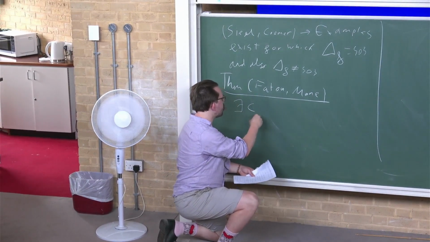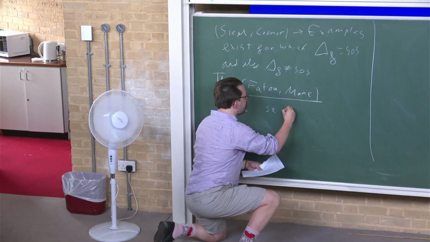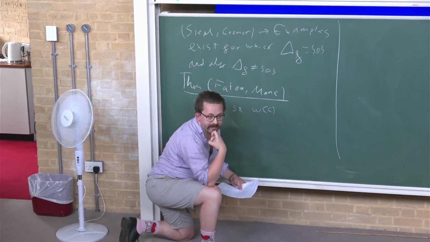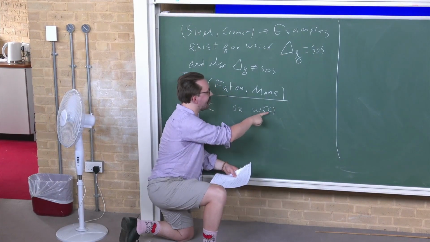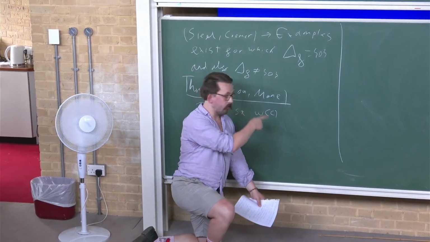There exists a special critical point such that the omega limit set, does everyone know what the omega limit set is for a point here? Yes, good. This is the closure of the forward orbit of this critical point.